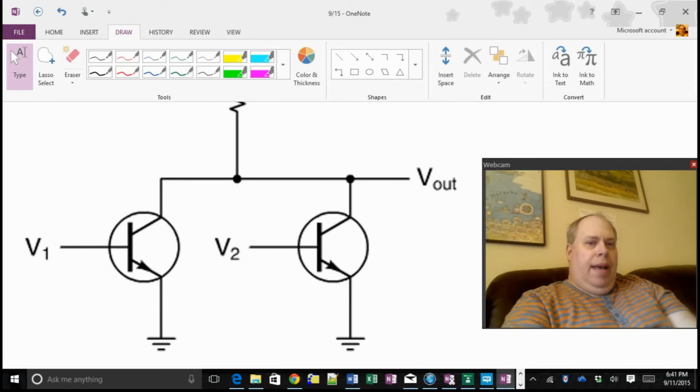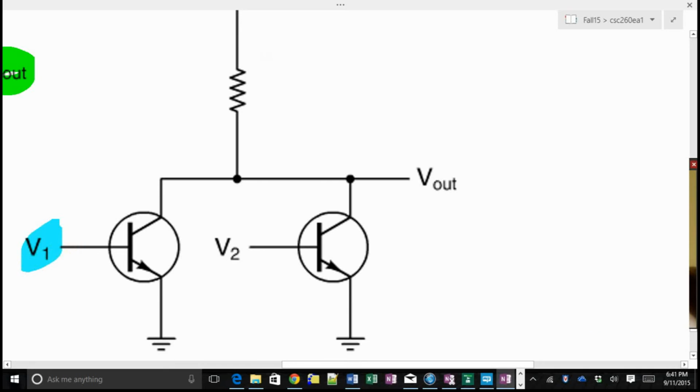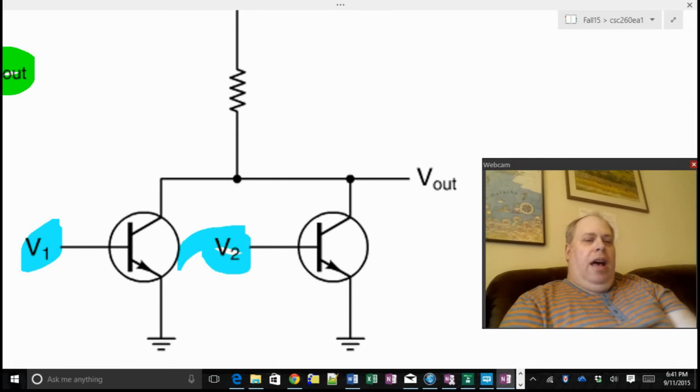When V1 is on, there's a connection to 0 and V out is 0. When V2 is on, there's a connection to 0 and V out is 0. But if neither are on, then V out has to be 1.